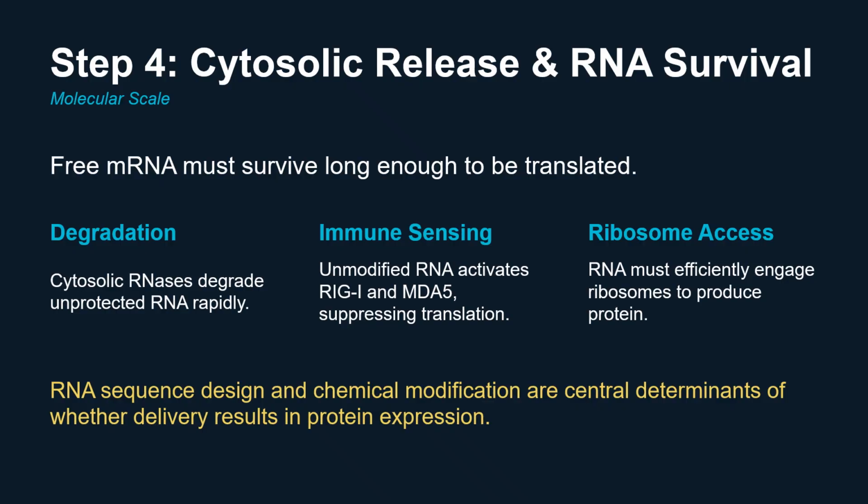When that happens, translation drops and inflammatory pathways turn on. Even if the RNA stays intact, it still has to engage ribosomes efficiently to produce protein. That's why RNA sequence design and chemical modifications are important, and of course largely determine protein expression.